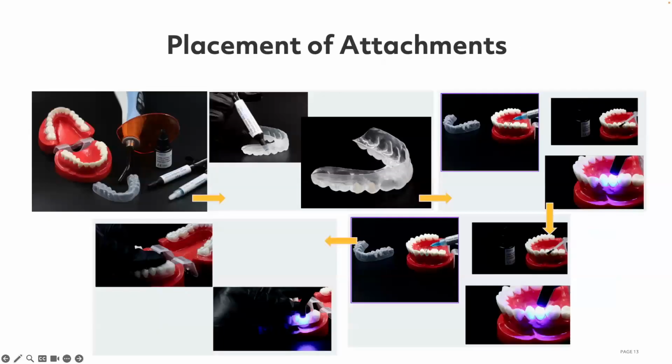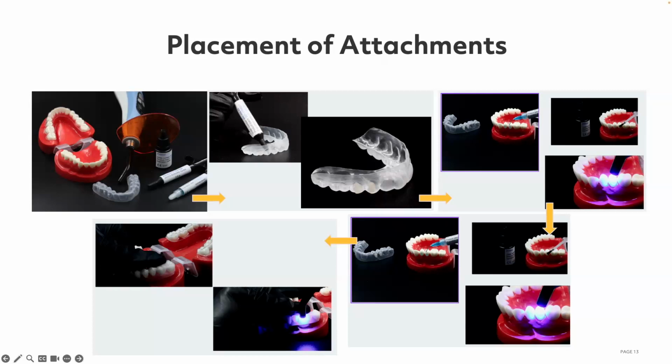Now we have the attachment placement, which is a very easy step by step. And for sure, we all as dentists have these materials in the clinic because they are very basic. First, we have the template that is very flexible, and you are going to receive it with the treatment plan. It's where you are going to place the bonding for the attachment.